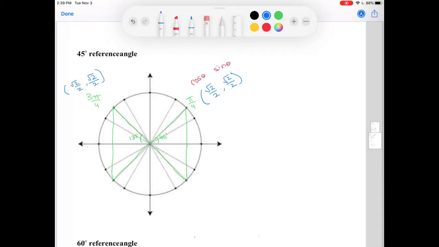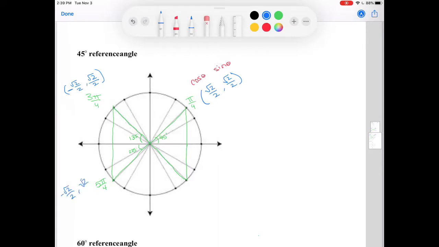At that part of the quadrant, if you convert to radians, this will be 3 pi over 4. And our coordinate this time is still root 2 over 2, root 2 over 2. But pay attention to which one has to be negative in this quadrant, and that's our cosine. So we want negative root 2 over 2, comma, root 2 over 2.